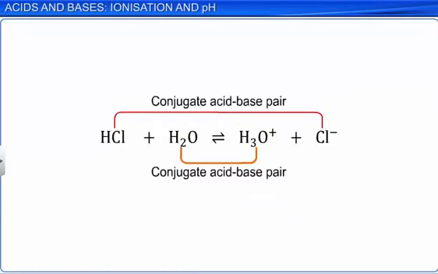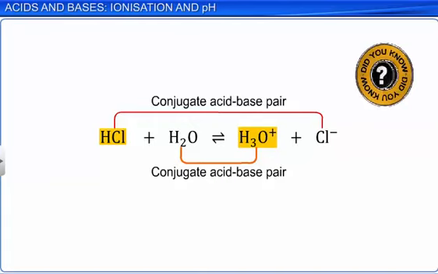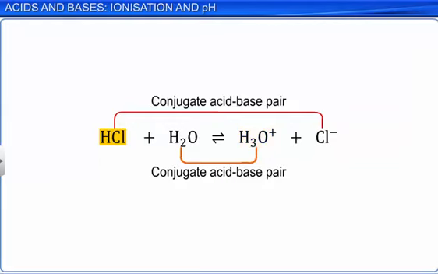Now, as you can see, there are two acids, HCl and H3O+ in the reaction. Now, which one is stronger? Obviously, HCl.